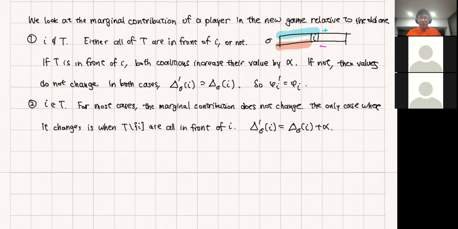So the marginal contribution is increased by alpha. All right. Hopefully that makes sense. Any questions so far?